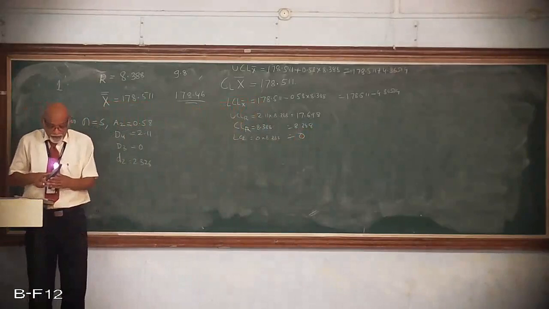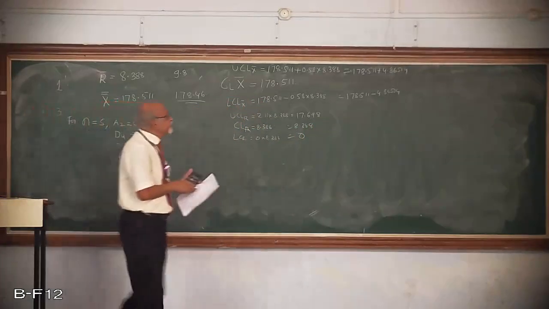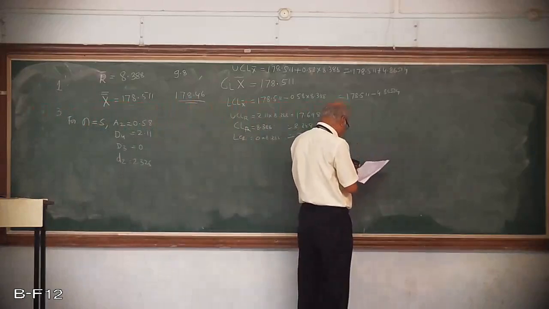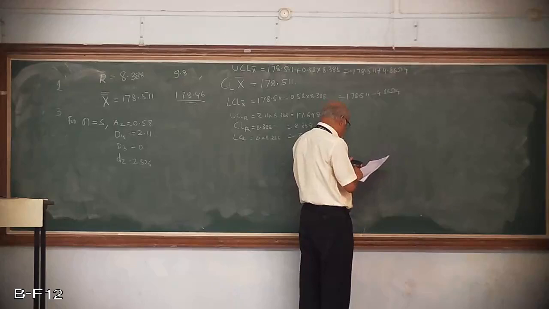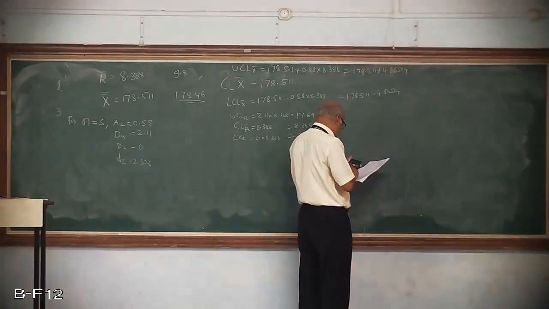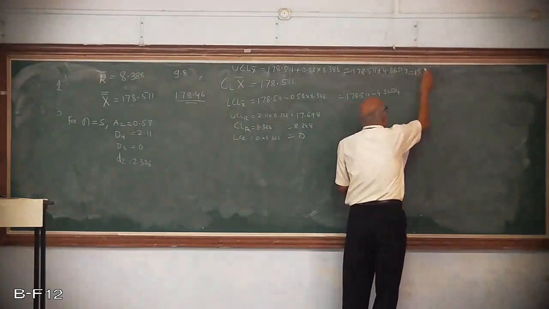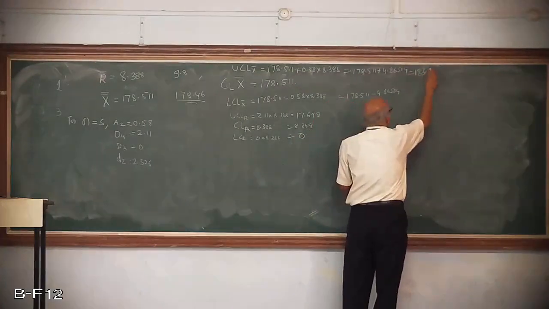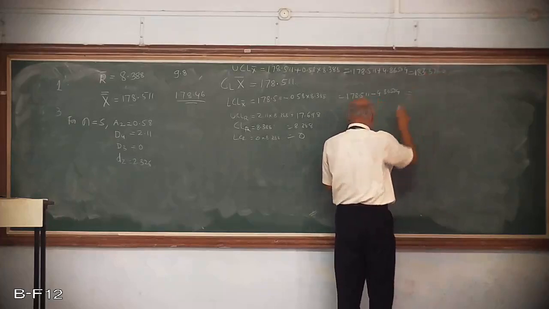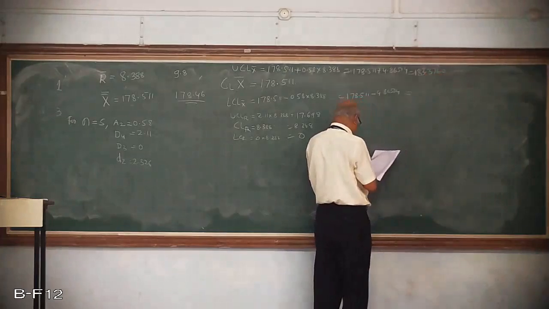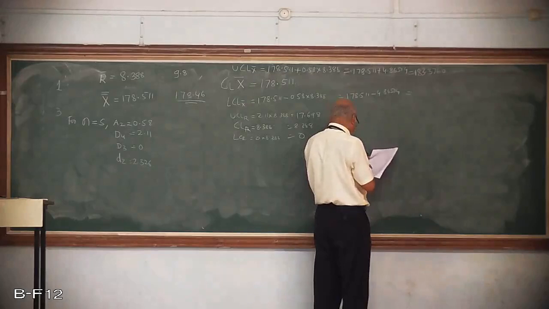Okay, if we calculate the values of these things, that is 178.511 plus 4.86504, 183.3760, and this one is going to be 178.511 minus 4.8650.